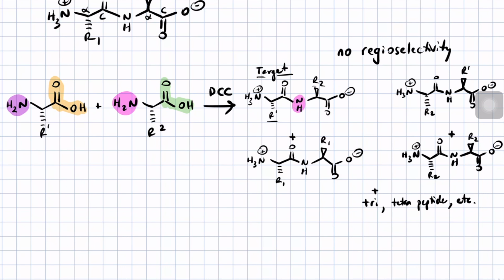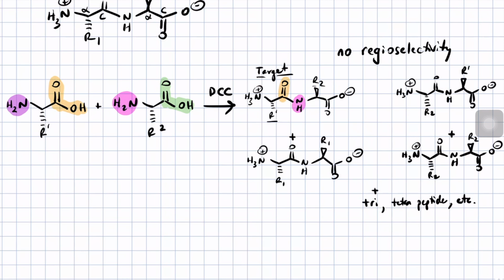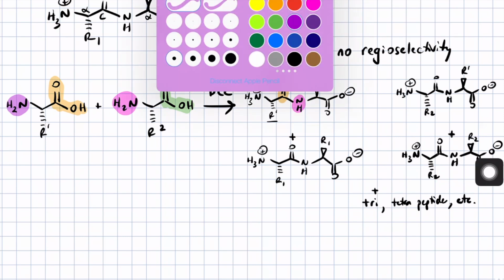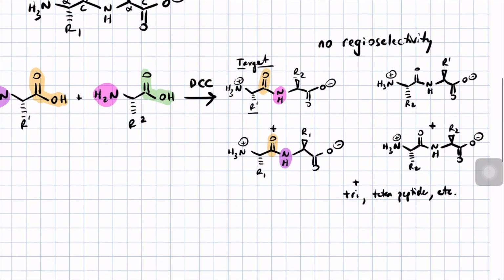In this first target peptide, we have a connection between the pink amine and the orange carboxylic acid group. In the one to the bottom, we have a connection between the purple amine and the orange carboxylic acid group.